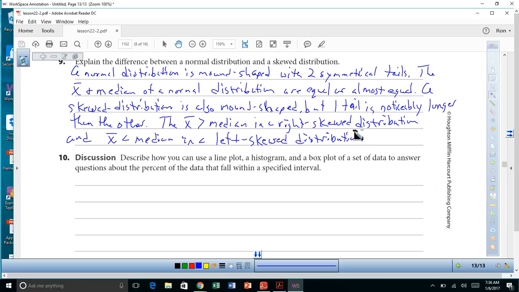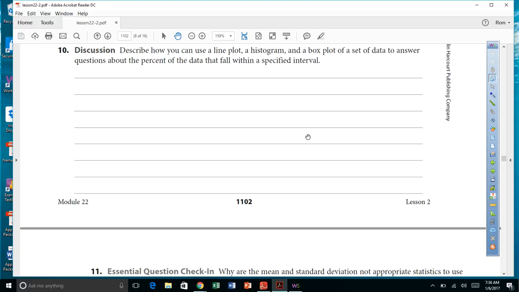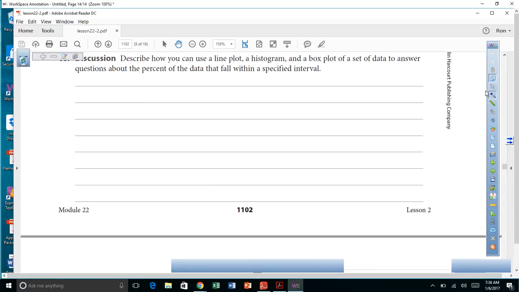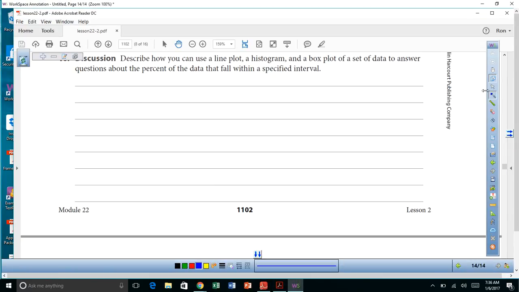All right. Describe how you can use a line plot, a histogram, and a box plot of a set of data to answer questions about the percent of the data that fall within a specified interval. The three types of data displays organize numerical data using a number line.